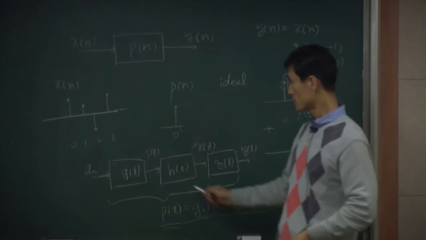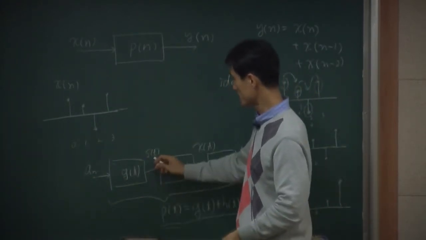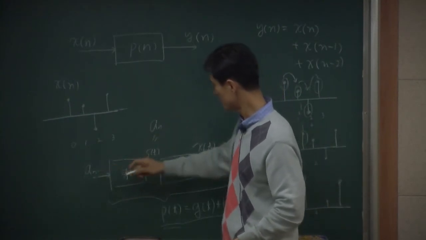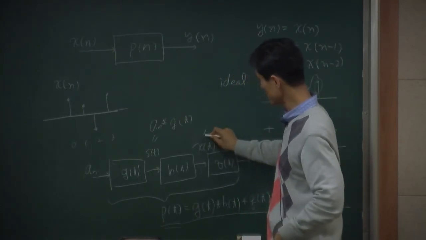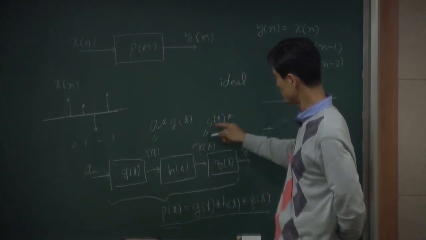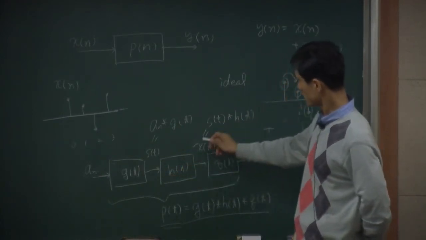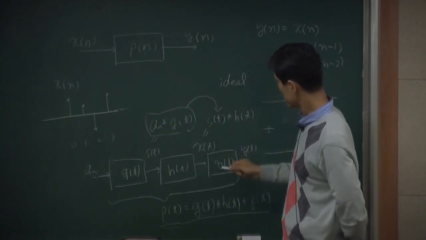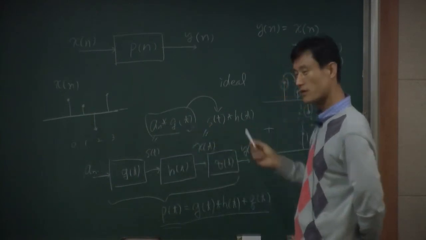Because this ST right here is a convolution of this AN input signal with GT. But this XT is, in the same way, a convolution of ST input and HT. But ST is this one. So put this one here. Then XT is the same as a convolution of this one, this one, this one.